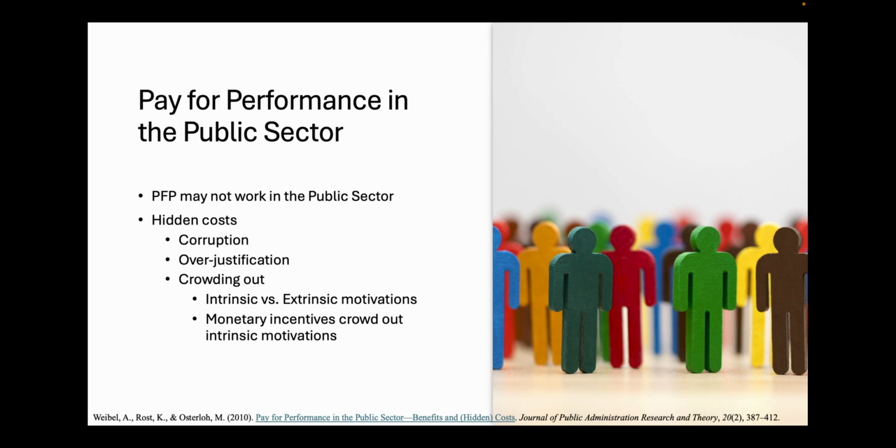Right, so pay for performance may not work in the public and nonprofit sector. One of the main reasons is hidden costs. That means it might create corruption, or over-justification, or it may crowd out intrinsic motivation, right? Distort the meaning of the job, etc.